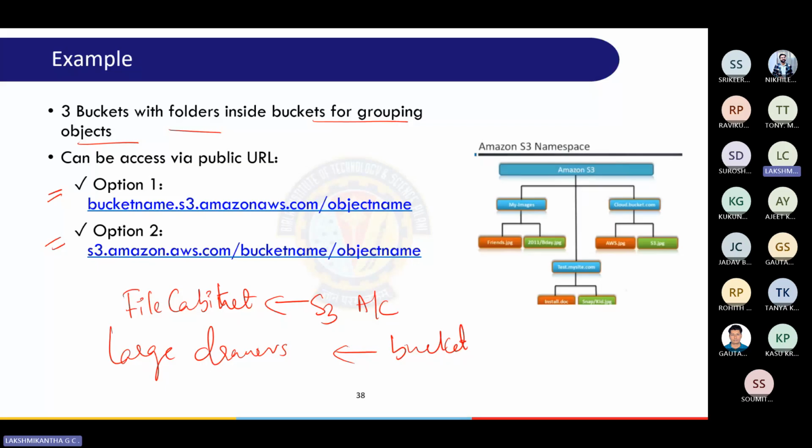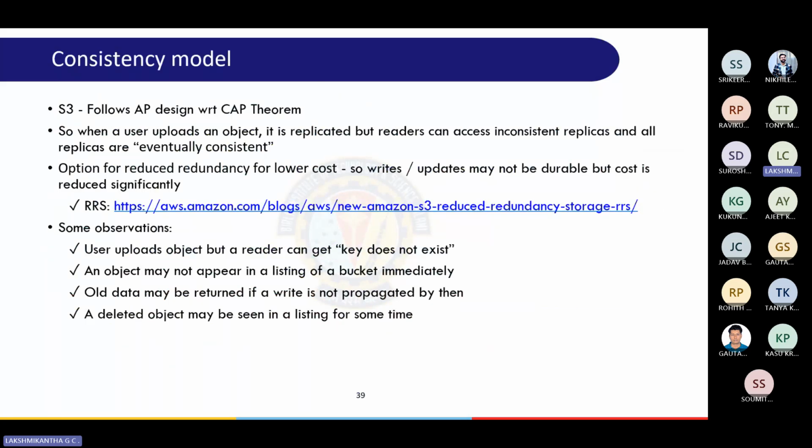Okay, now let's get into the theoretical heart of S3, and its consistency model. You look at here, this is the consistency model we are discussing. Guys, this is a very important point that brings us back to the CAP theorem. So already we have learned about the CAP theorem, right?